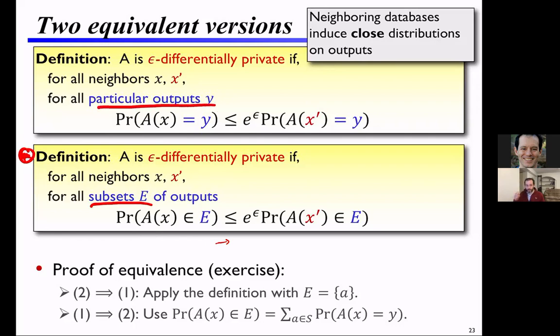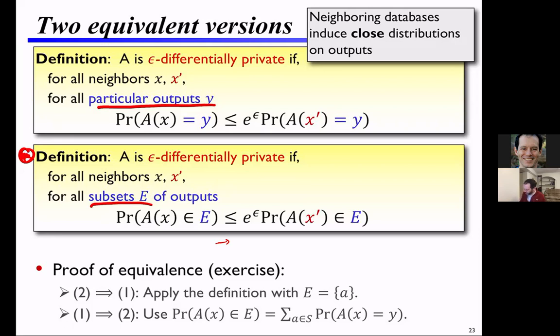And we ask that for every particular thing that might come up as an output, the probability that A of x equals y is within e to the epsilon of the probability that A of x prime equals y. Okay, so I won't go through that proof. We sort of did it for the case of randomized response. And we'll see another example of that in the last part of the lecture.